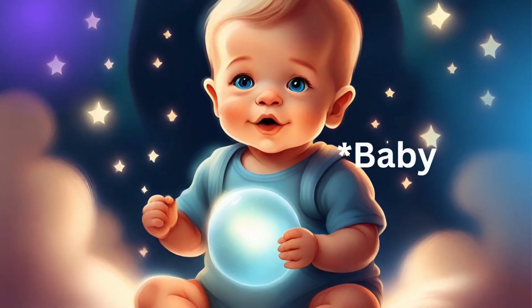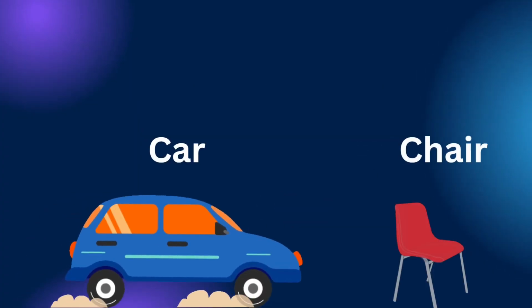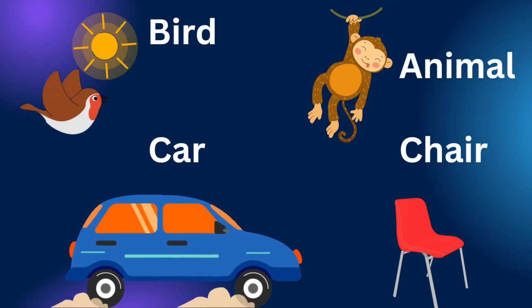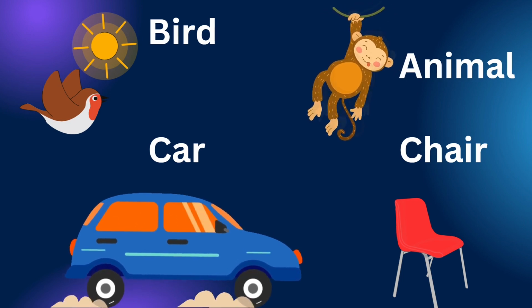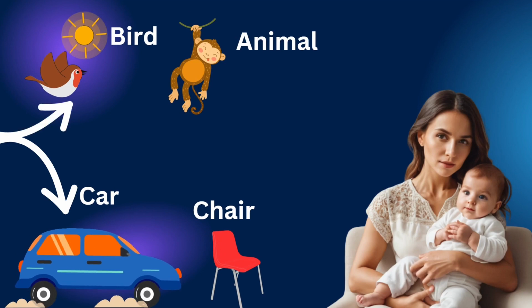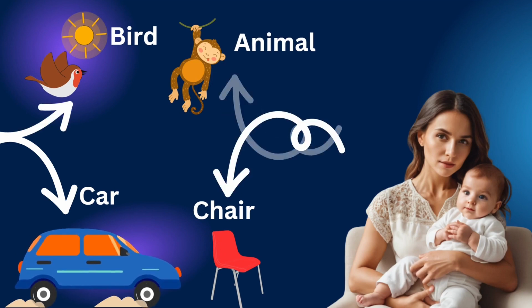For instance, consider a small baby. He picks up new skills such as identifying the objects in his environment like car, chair, birds, and animals. Hence, when he sees these objects for the first time, we'll tell him this object is the car, and this is the board, and this object is the chair, and this is an animal.